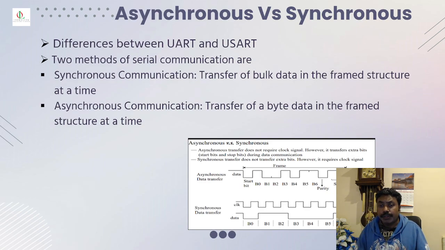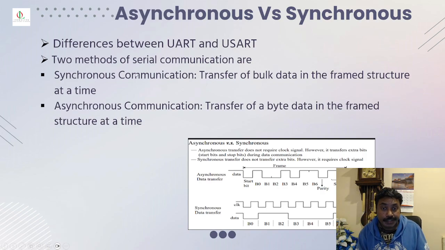And this is the timing diagram that we are going to learn about today. When you want to send data serially, there are 2 different sorts of communication: synchronous communication and asynchronous communication. In synchronous communication, you can transfer bulk data in a frame structure, because it syncs with your clock signal, and you can keep sending data because it will just push the data through.